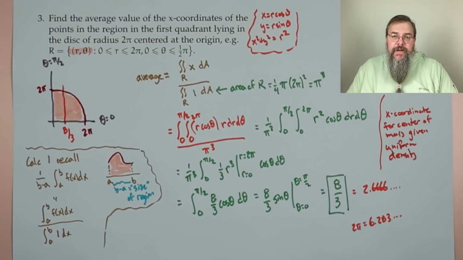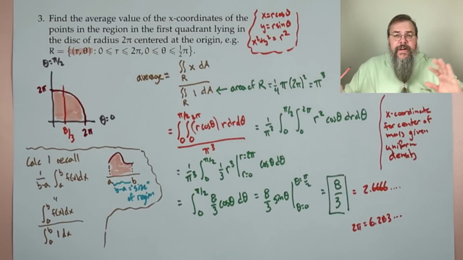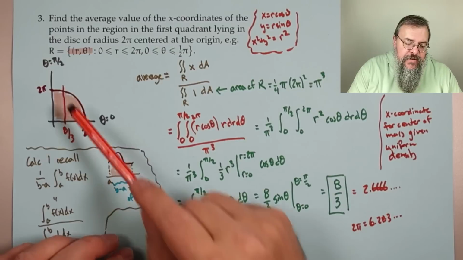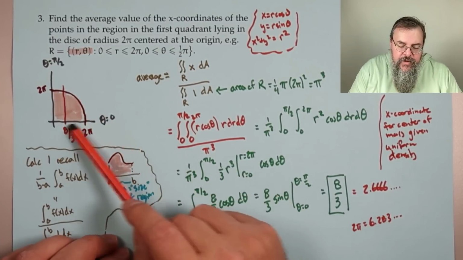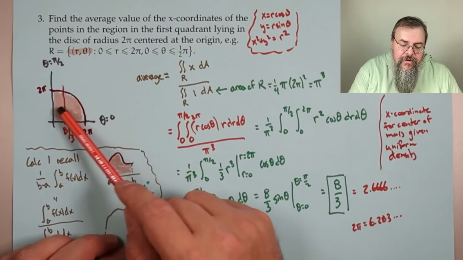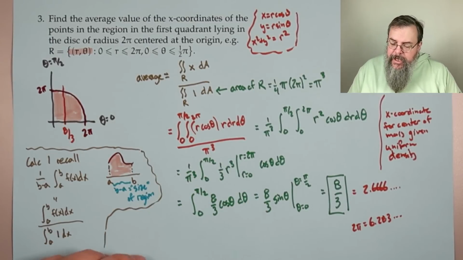And you think of it, well, center of mass doesn't mean half the mass is on one side and half the mass is on the other side, but roughly it should balance. And you can see that, while there's more distance on this side, the circle comes down. So yeah, that seems like a reasonable balance point. So okay, good.